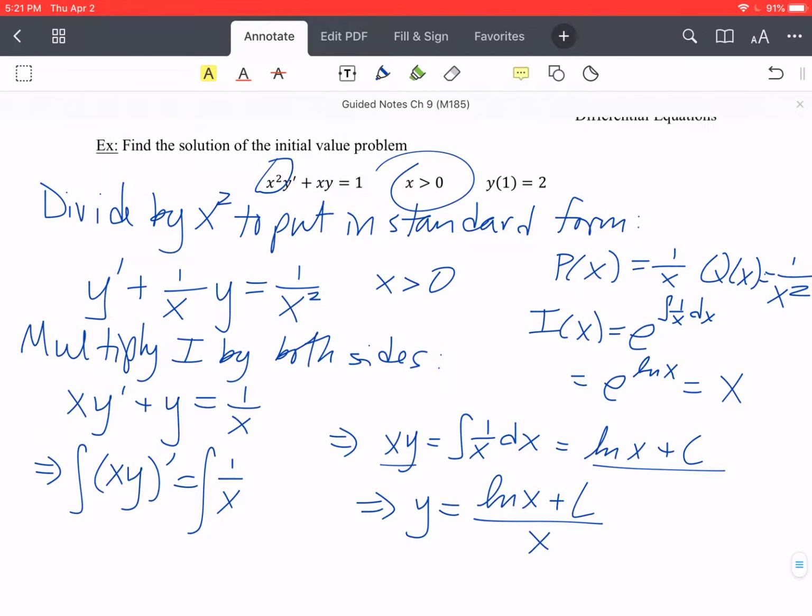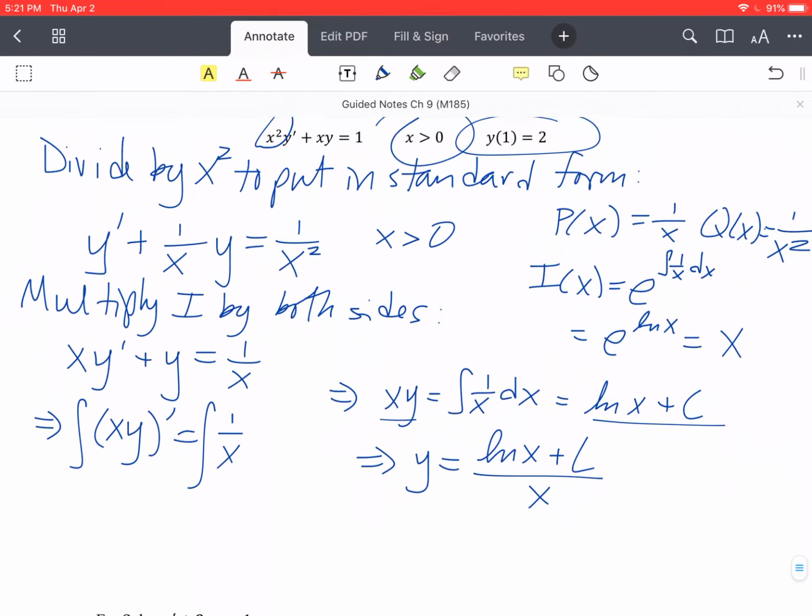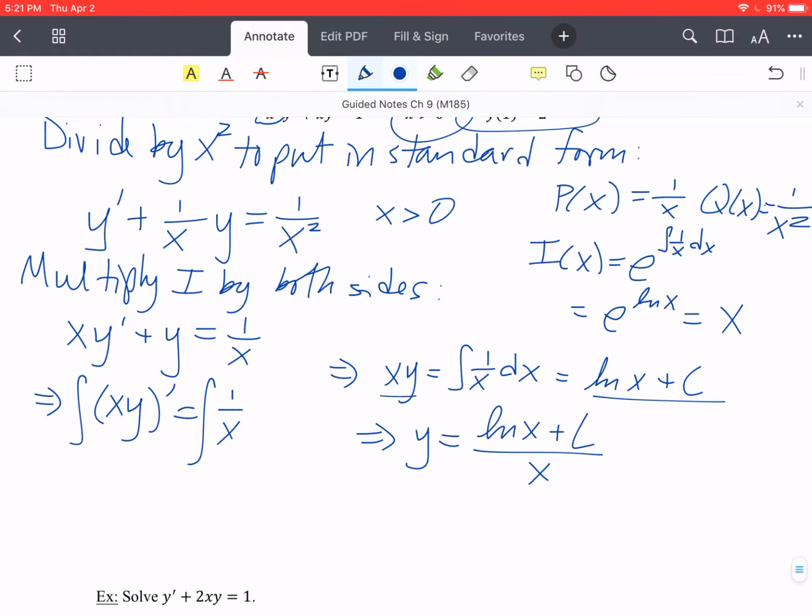But in this case, we do have an initial value problem, so we need to actually use the initial value here. So y of 1 equals 2. So let's go ahead and just plug that into here. So we get 2 equals ln of 1 plus c over 1. ln of 1 is 0.